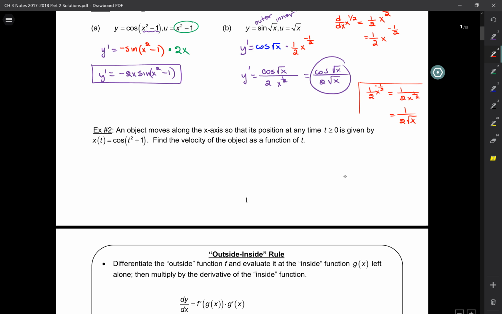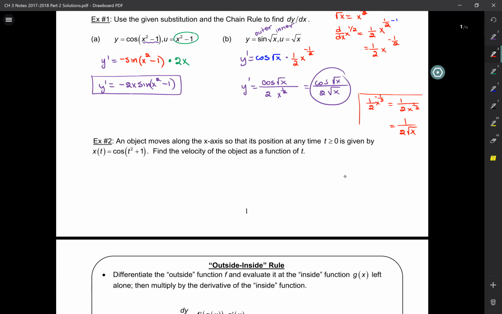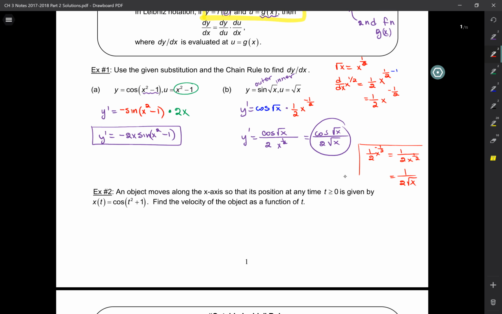We have a 2 on the bottom from here, and now the x also moves to the bottom, so we can make it a positive exponent, and it'll be 1 over 2 root x. Now, eventually going forward, you're going to just know 3 months from now that the derivative of root x is 1 over 2 root x. You can either know that now, or you can go through the process and still come to the right answer.